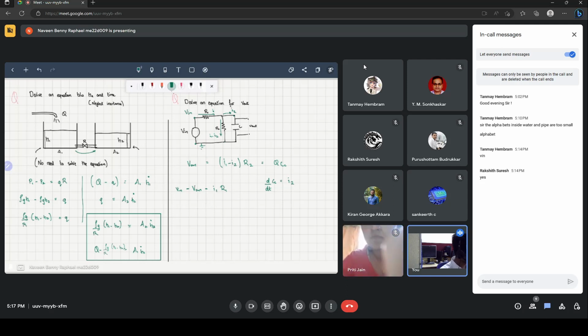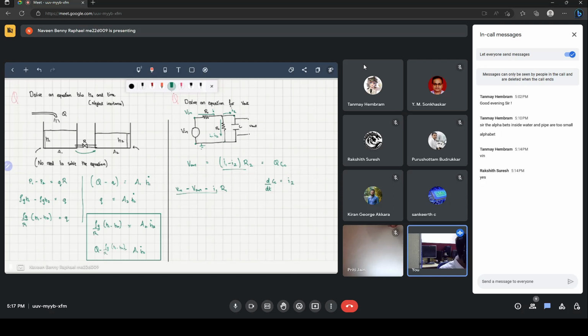Okay. Anyways, the main point is we have three coupled equations and a couple of variables to match with it, and therefore this is the system. These are the equations of the system.